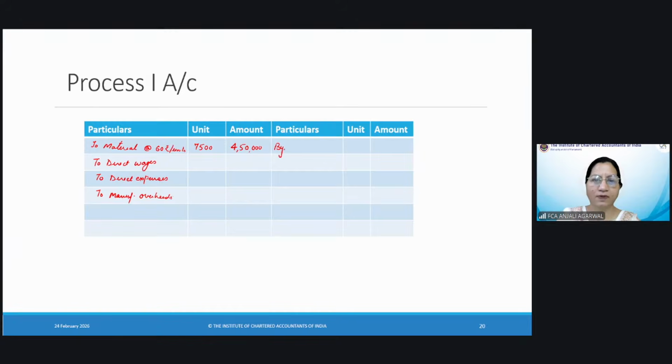We have seen the normal loss should be 5%, and it is to be sold at the realizable value. 1,35,750 is the wages.